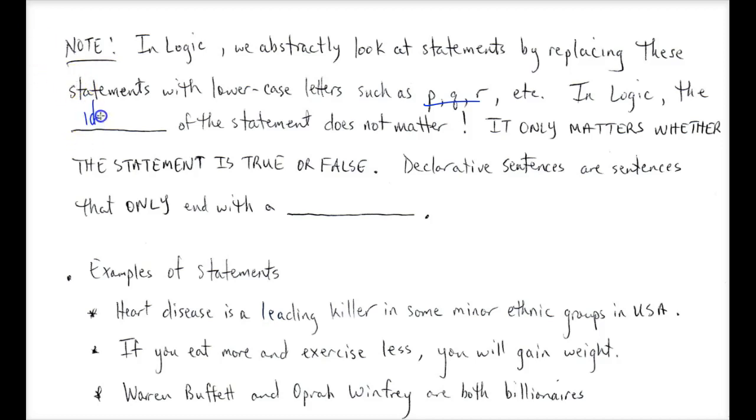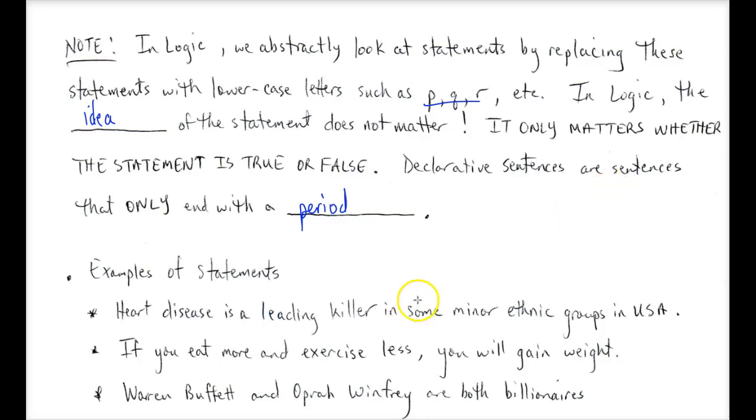Of course, we want to avoid that because the idea, depending on what it is, may be something that you believe in, something that you don't believe in, something that may be part of your reality, or may not be in your reality. Some people may think it's immoral, whatever the idea is. And so logic cares about none of that. All that it cares about is whether the statement is true or false. And of course, as I've said before, declarative sentences are sentences that only end with a period.